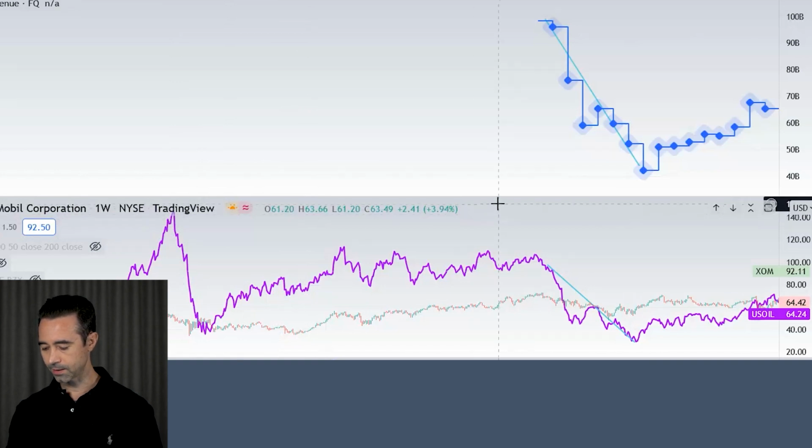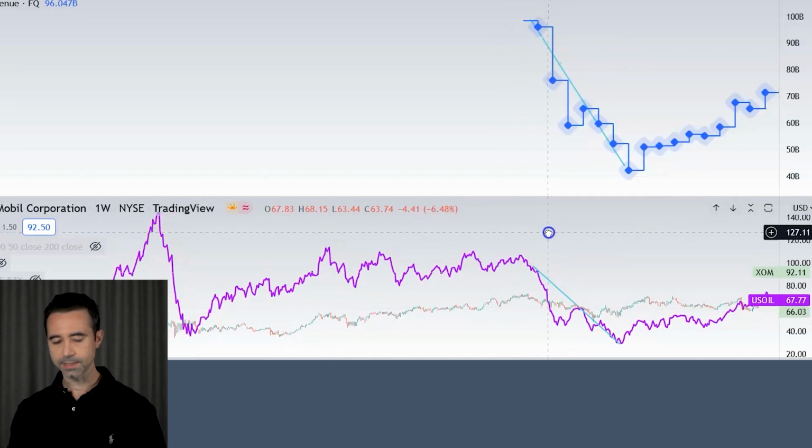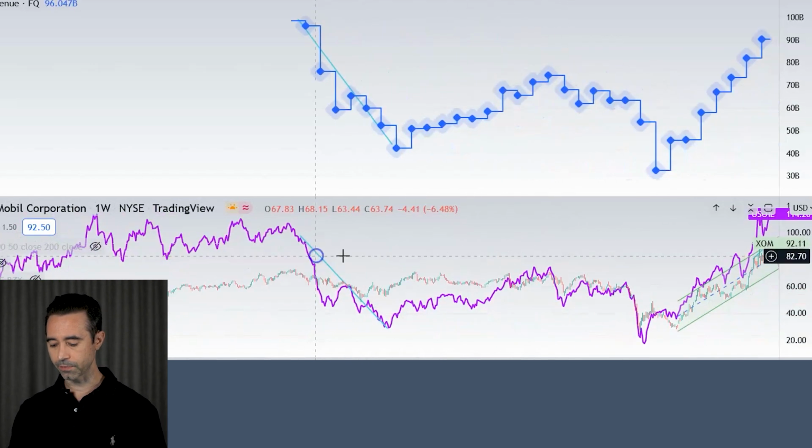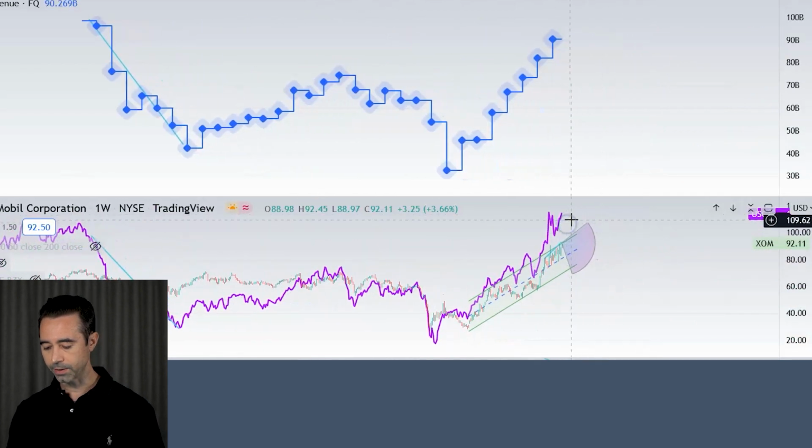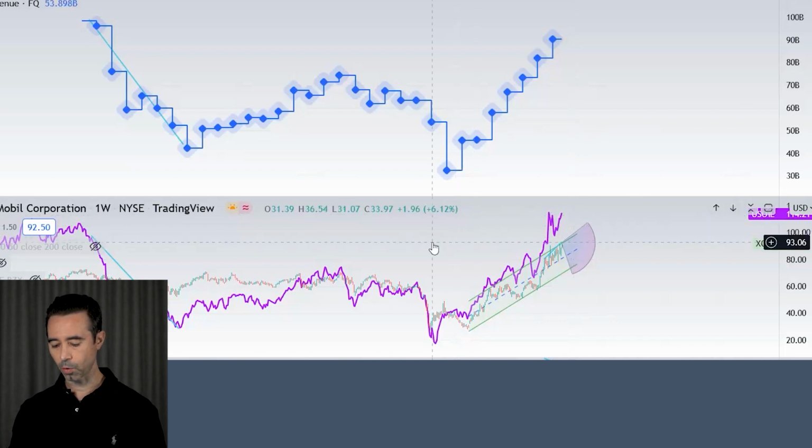I can't even see it on this, but let's call it the 140s per barrel. It has not gotten back to that price yet, but of course now we're getting close. We're looking at over $110 a barrel right now for oil. So this is not a bad thing, of course, for Exxon Mobil. It is a good thing if oil gets higher for this type of company.